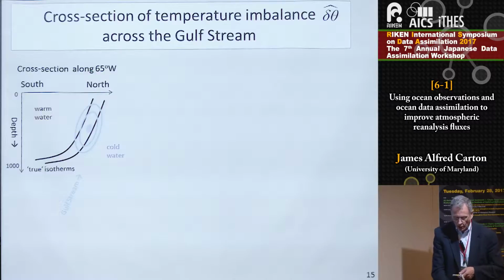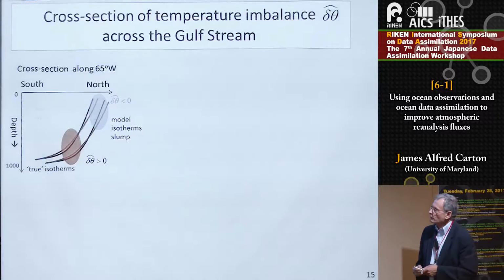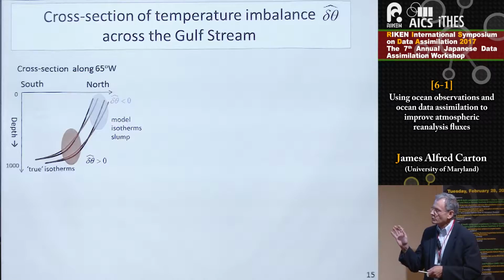And if we know that these ocean models, this is an eddy-permitting model, aren't so great, so they can't maintain these very steep fronts, the fronts tend to slump a little bit, so the isotherms kind of collapse a little bit. And if you think of what that means in terms of increments, it means you're going to get negative increments up here and positive increments down here.